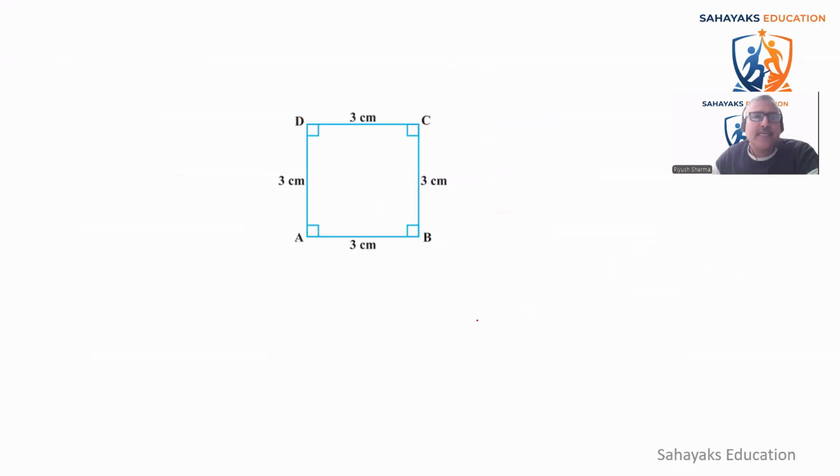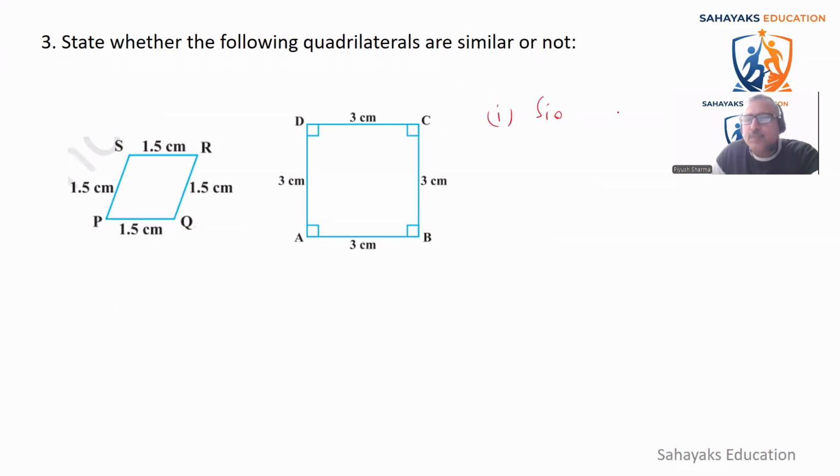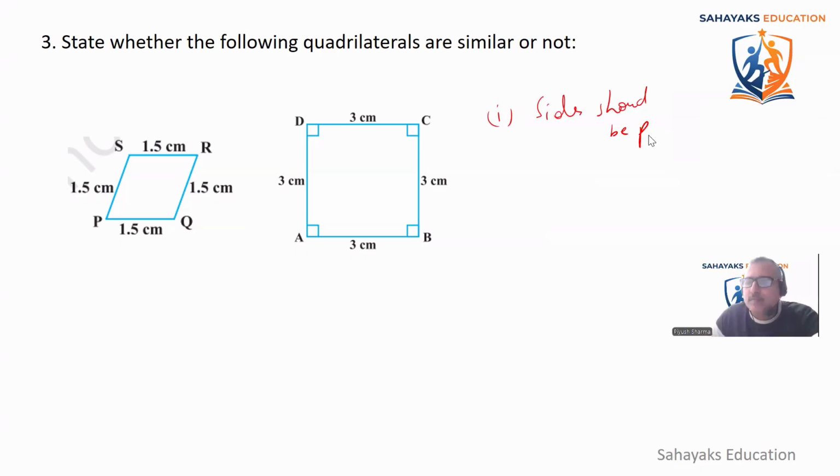Coming to the next question. State whether the following quadrilaterals are similar or not. What are the two things which are required? The first thing required is that sides should be proportional. And the second thing is that angles should be equal.